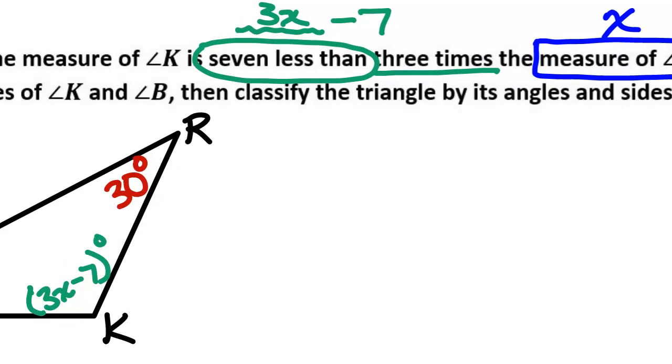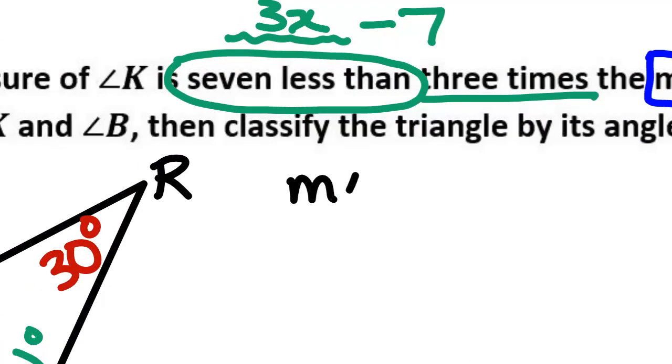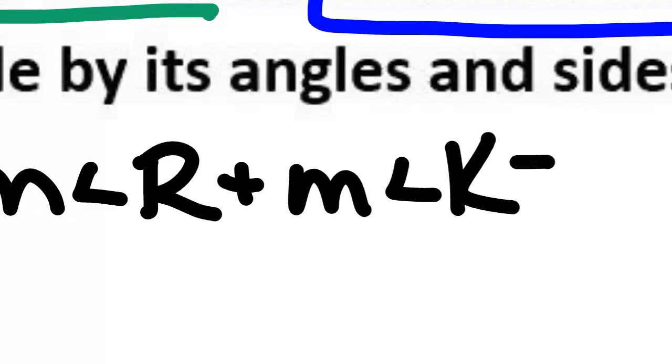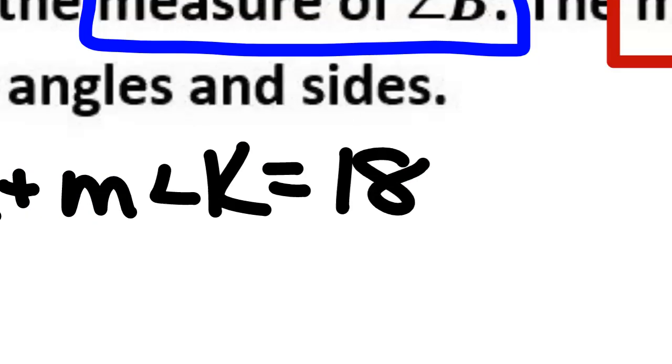The 3 angles in a triangle add up to how much? 180. So the measure of angle B plus the measure of angle R plus the measure of angle K equals 180.